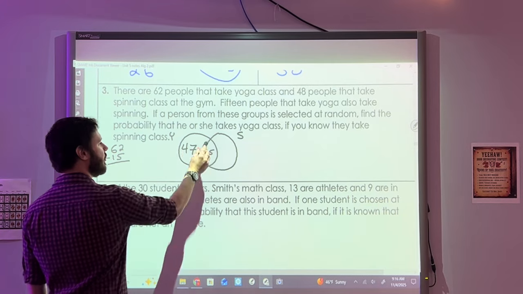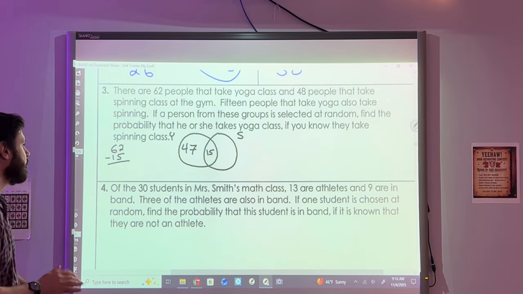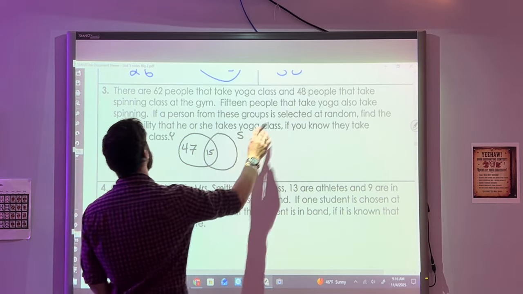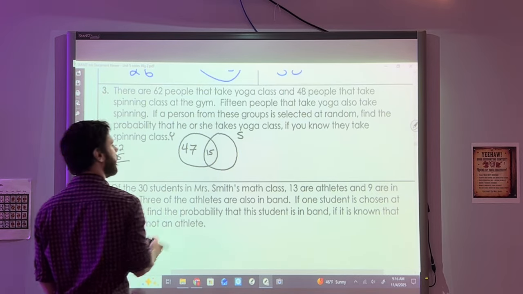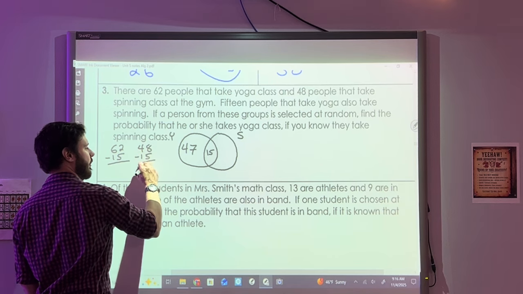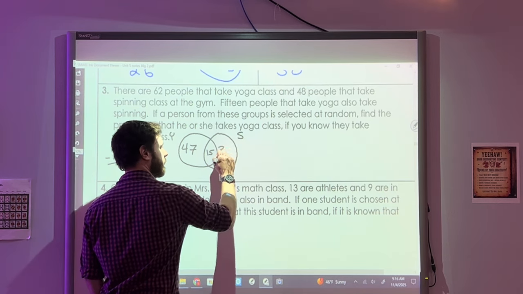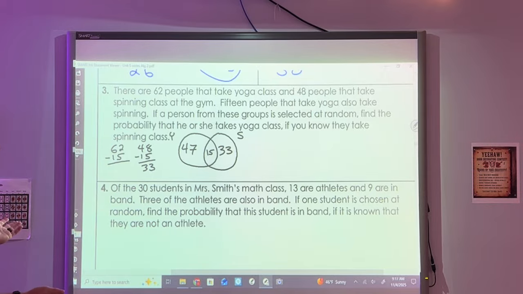I still have 62 in my yoga circle, but only 47 of them only do yoga. Now, I'm going to do the same thing over here. 48 people spin, so I should have 48 people represented here, but 15 of them are already accounted for. 33. Okay, so that's our Venn diagram.